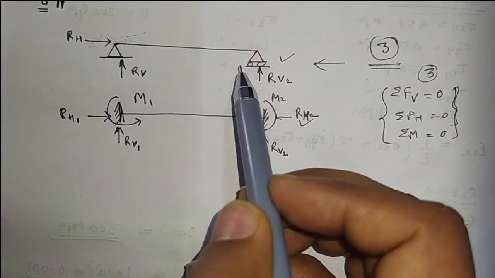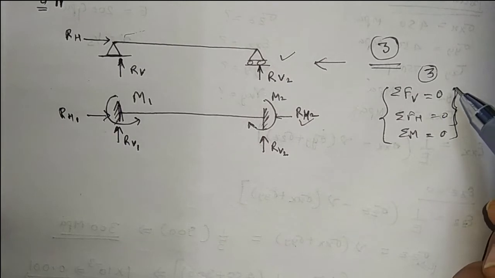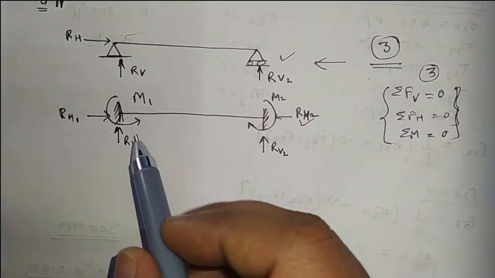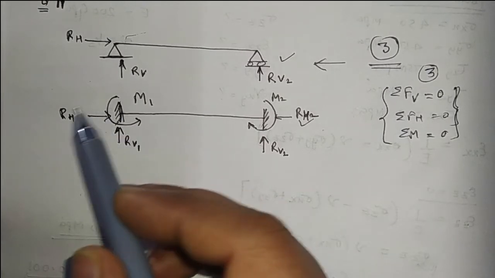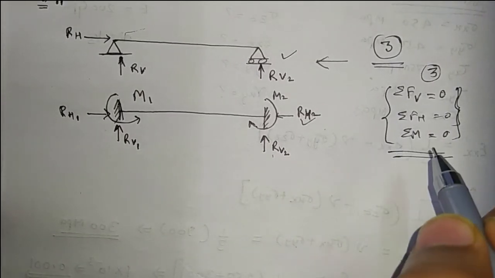For the simply supported beam, there are 3 unknowns, which can be solved by using the 3 equations of static equilibrium.